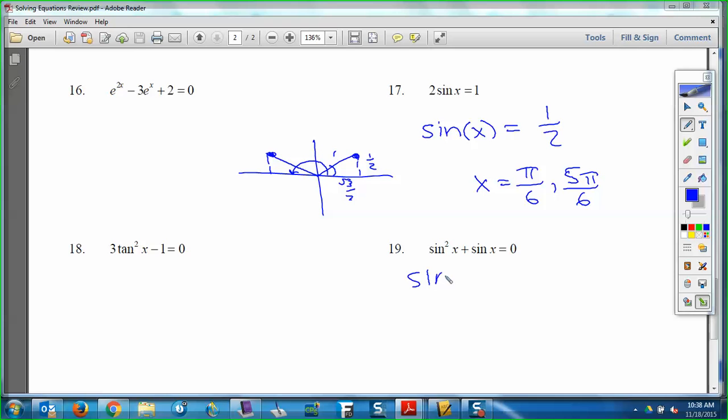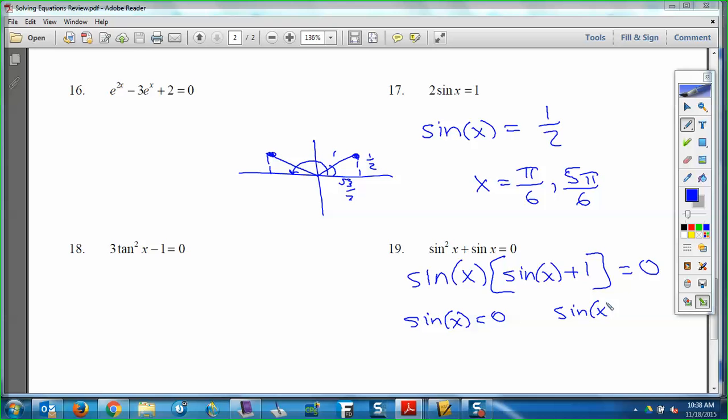Here we would factor out a sine. So we'd have sine x plus 1 equals 0. So either sine is 0 or sine is negative 1. So think of the unit circle. Where is sine 0? That'd be here and here, right? Or you could think of the sine graph. Where is sine 0?